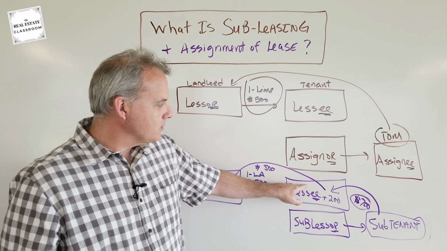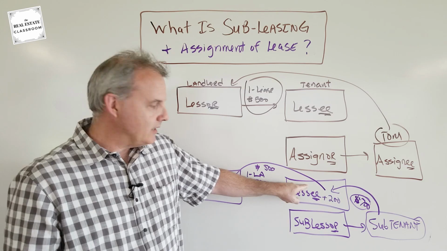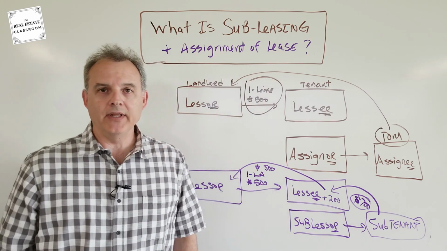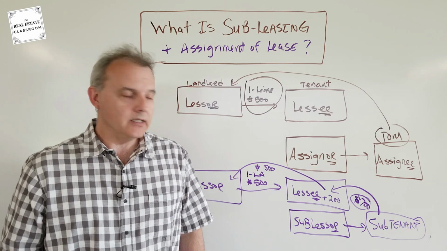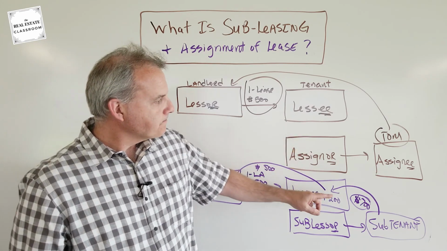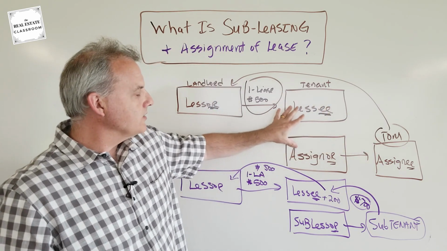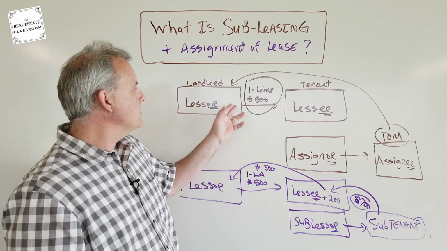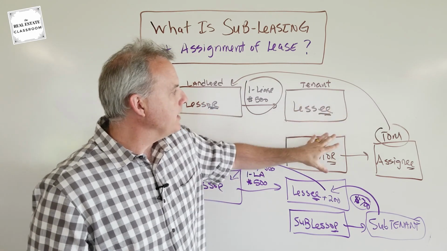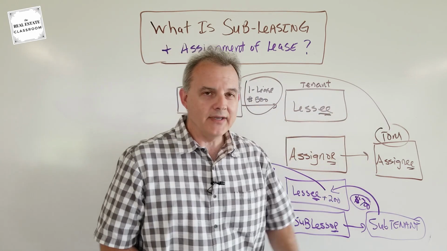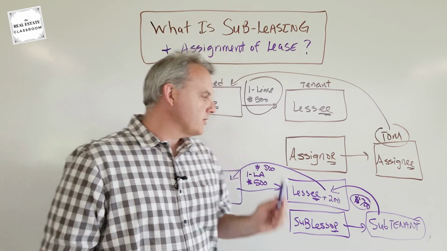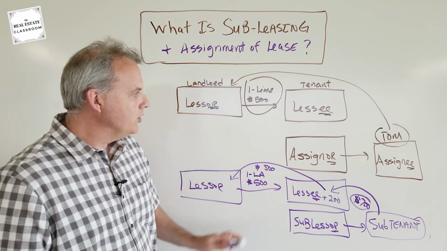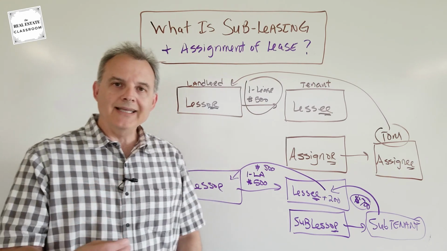So if the subtenant stops paying the rent and an eviction has to happen, the landlord actually has to evict both of them. It can be very complicated legally. Up here, Tom, as I said, has to abide by the original terms of the contract, and the same would exist: if somebody stops paying the rent here, the landlord's going to evict both of them. The thing to remember is the process, how it all works, and you have to understand who is who, as far as their legal names go.